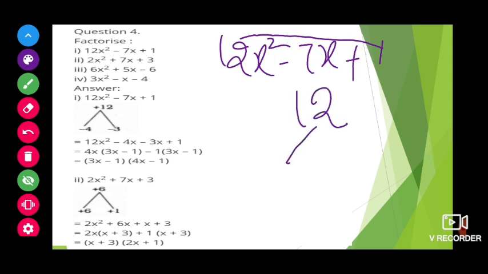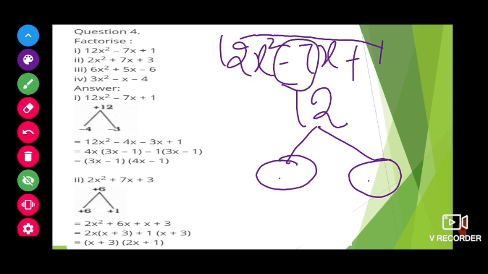Now we have to write this 12 as two numbers such that if we multiply them we get 12, and if I add the two numbers, I should get the middle term minus 7.